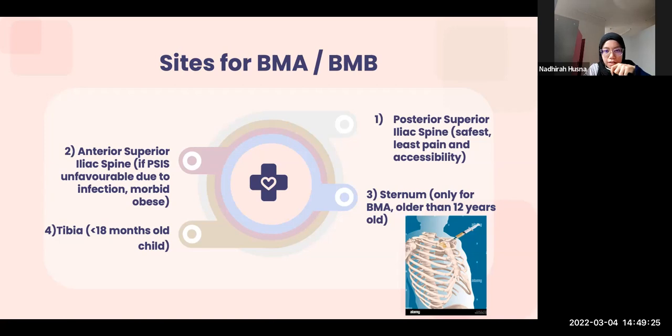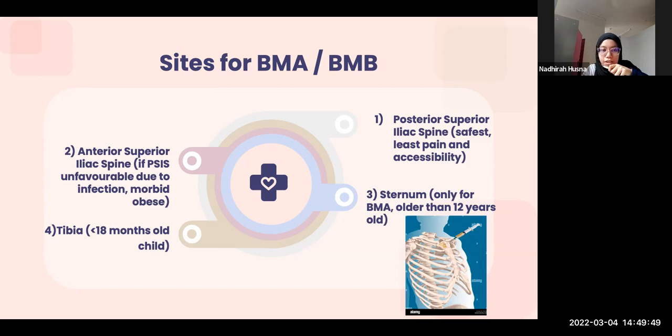The reason is because if BMB or the biopsy is taken from the sternum, it can cause further injury to the mediastinal structure. So the PSIS, or posterior superior iliac spine, is the most preferable site for us to take the aspiration or biopsy because it is the safest, the least pain, and it has the easiest access.